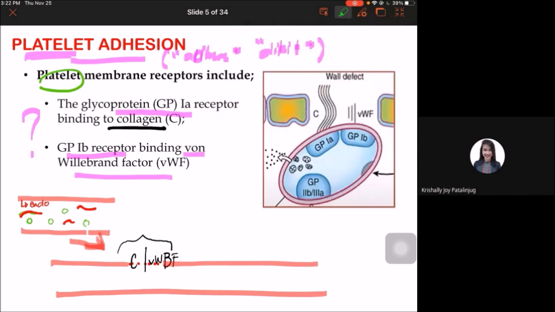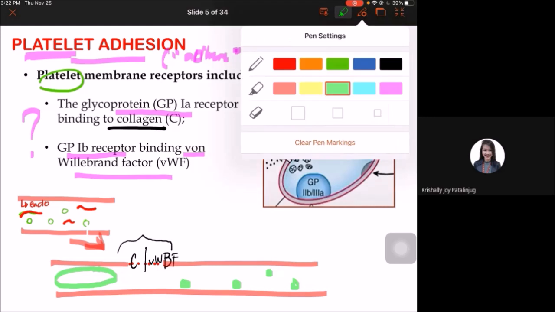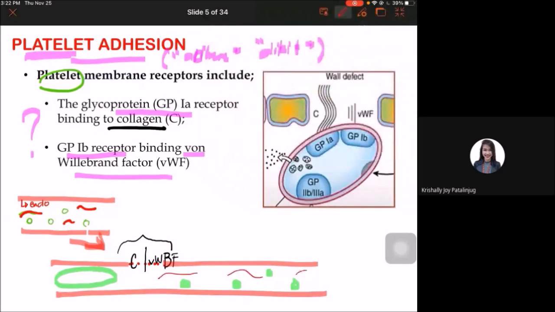maghatag kog platelet. Ito ay isang platelet, no? Akong i-magnify. Platelet yan. Okay? Yung mga green. So, isa nga gi-magnify. Halimbawa. Yung mga kulay green, platelet. Then ito, meron akong minagnify nga platelet.